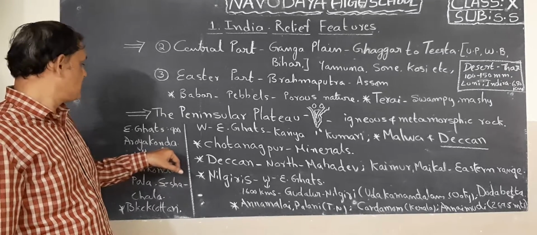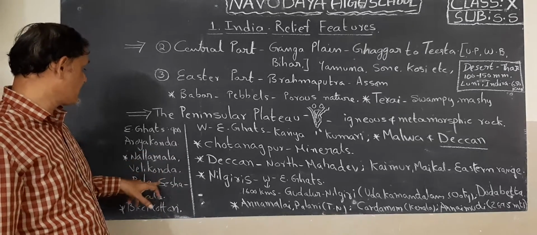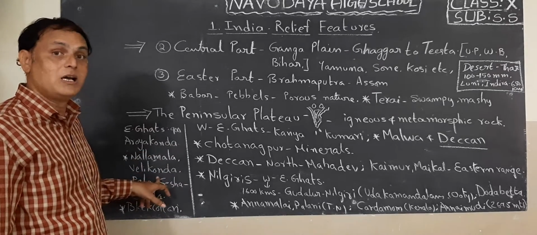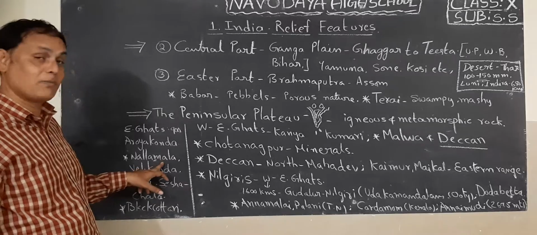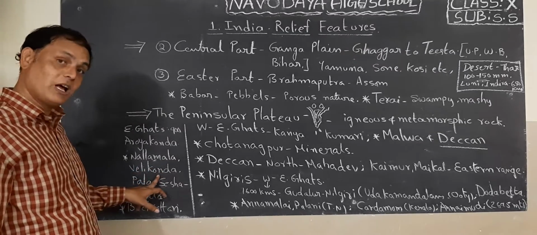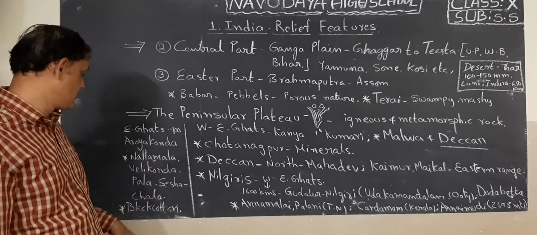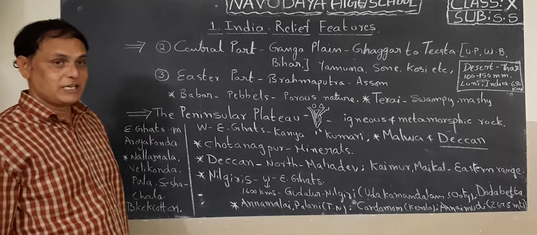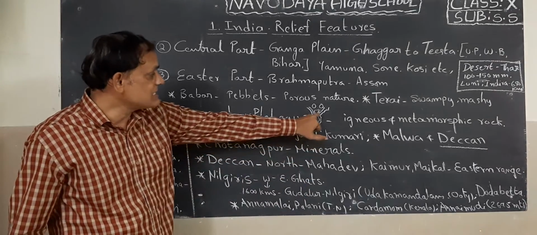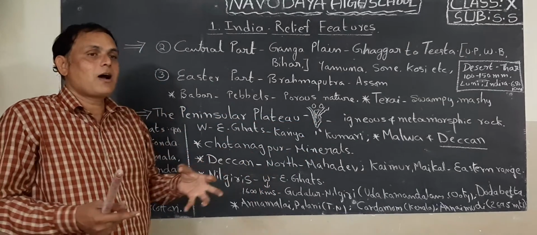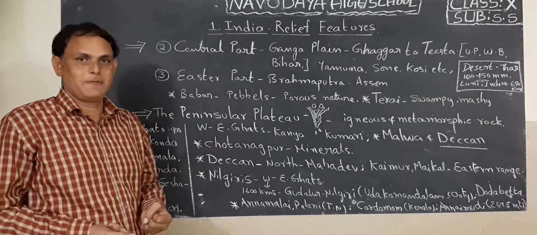Okay. Chintapalli. Next, some kinds of hills also are there. For example, Nallamala Hills, Velikondas, Palakondas, Seshachalam Hills. They also are there. Next, this Deccan Plateau consists of black cotton soil.